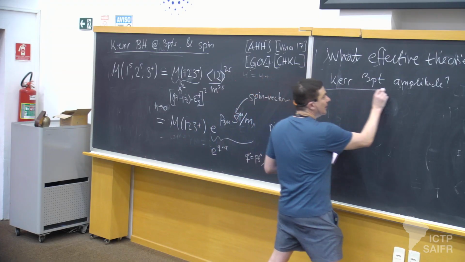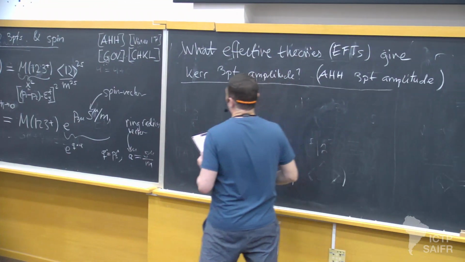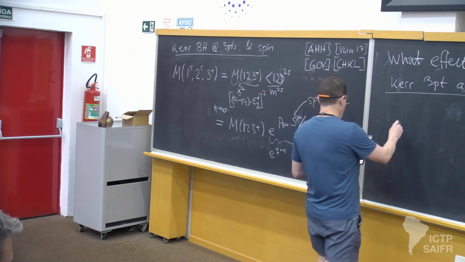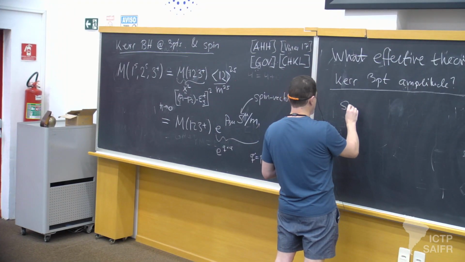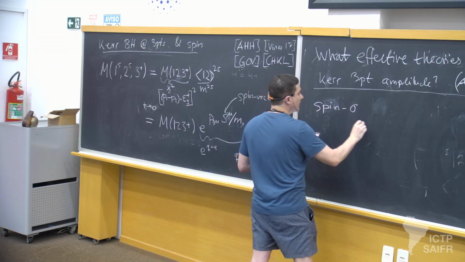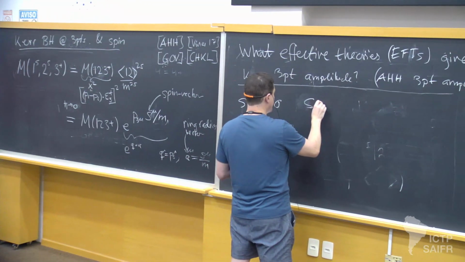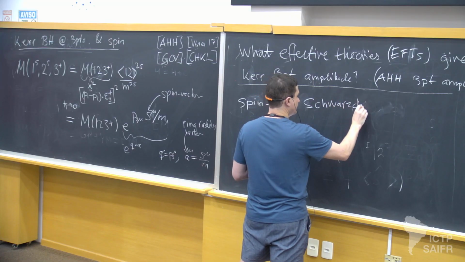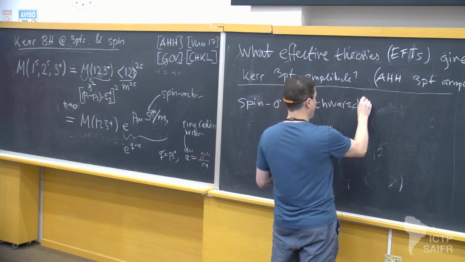Okay, so let's start from the non-spinning case. So this is the Schwarzschild case, spin 0. Let's see if I get the spelling correct.